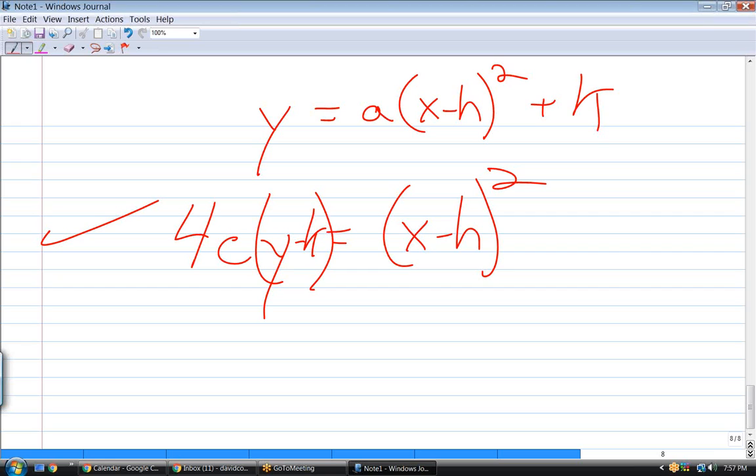The only difference, you can see that A has to equal 1 over 4c. In other words, if I take this equation up here and subtract k from both sides, I get y minus k, and then A has to equal 1 over 4c.